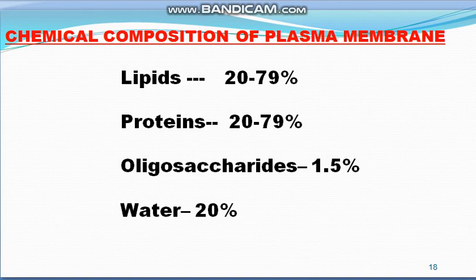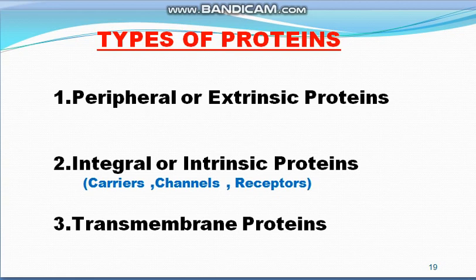Then comes the types of proteins which are present in the plasma membrane. So these are the three types of proteins present in the cell membrane. Number one is the peripheral or the extrinsic proteins.